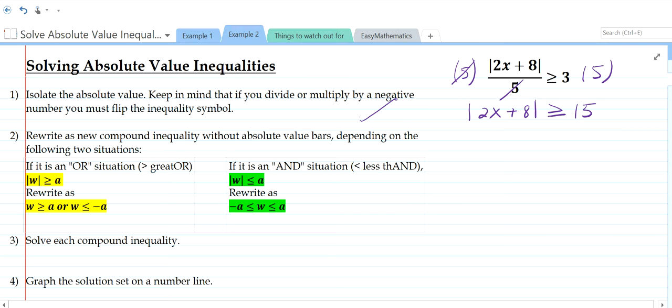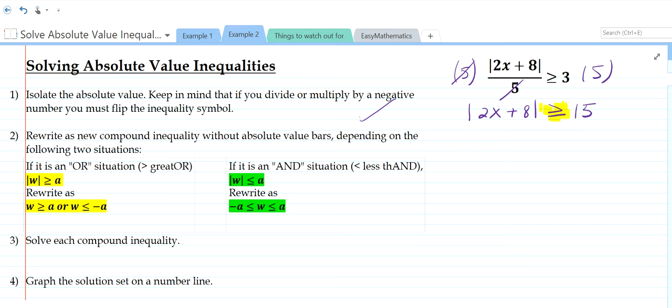Step 2, rewrite. Now this is a greater than situation, the yellow situation. It's an or situation. The absolute value of something is greater than or equal to 15.